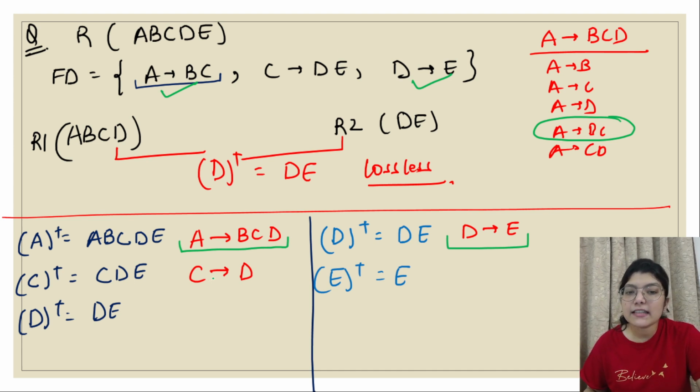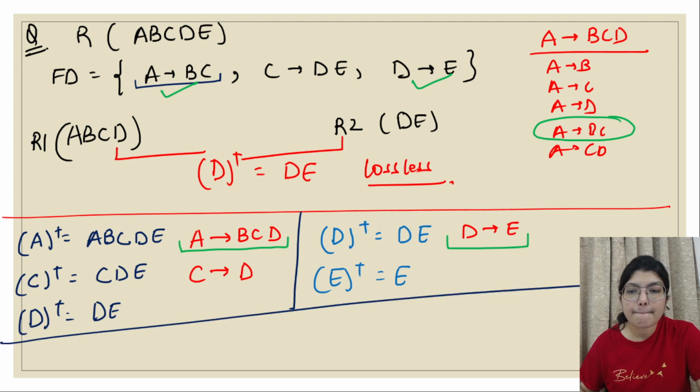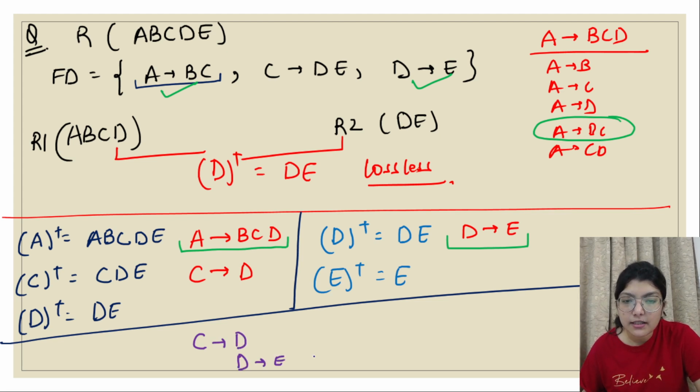If you see here, C to D I already have. What I require is C to E. Just try to understand this: you have C to D and you have D to E. So as a transitive property, you will get C to E as well.